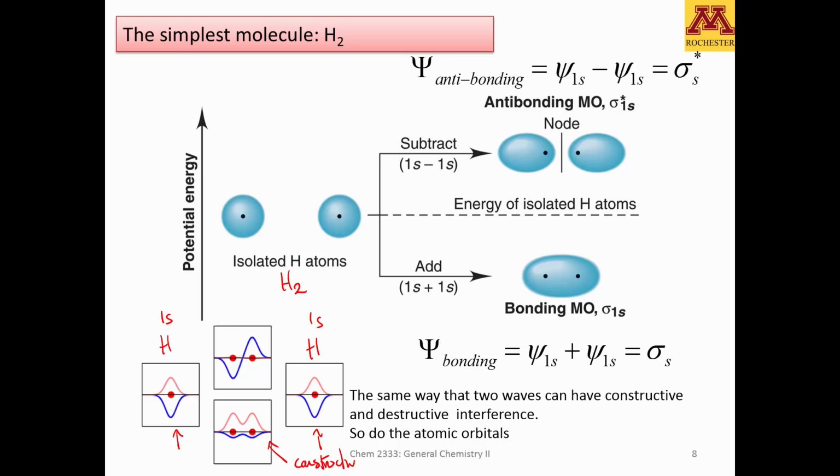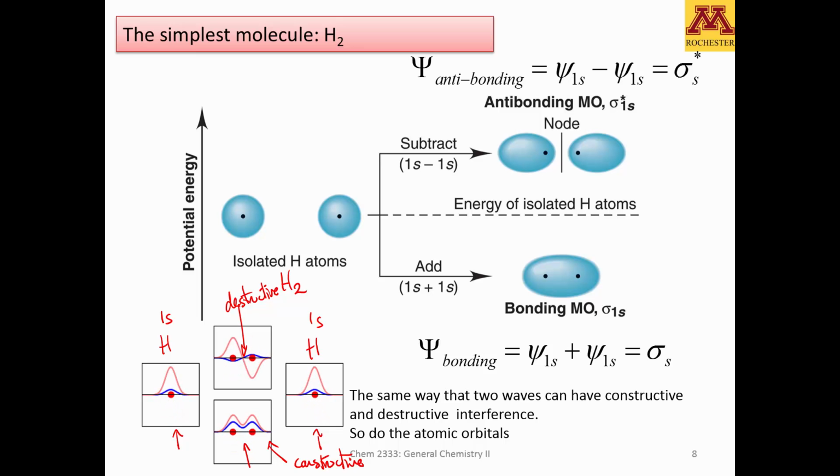We're talking about waves, so the interference can be constructive. That is, there will be some electron density between the atoms that is forming a bond, or they can form destructive interference. That is, you can combine these two atomic orbitals in such a way that they cancel each other out between the two atoms. There will be no bond.